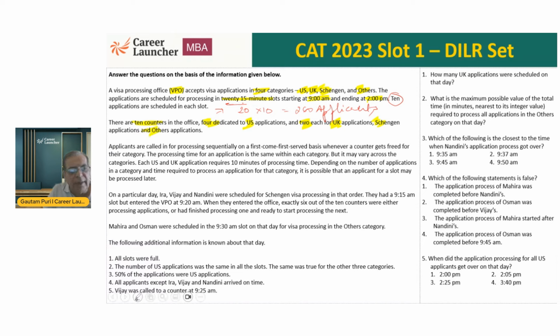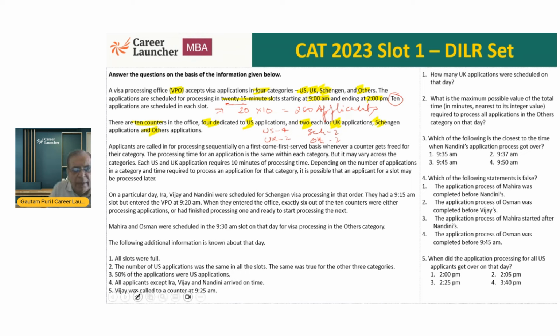So out of these 10 counters, US has 4, UK has 2, Schengen has 2, and others have 2. So these are my 10 counters.